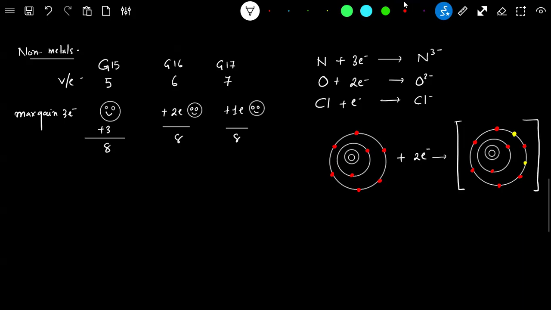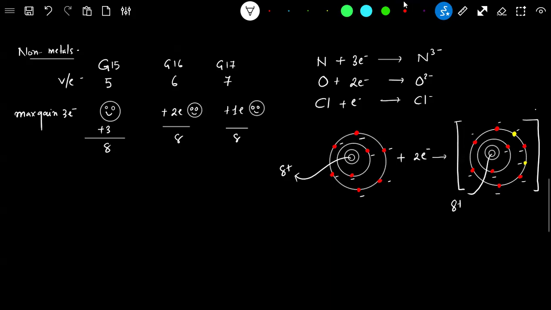Oxygen was earlier having, out here, oxygen had 8 positive charges, right? And we had 1, 2, 3, 4, 5, 6, 7, 8 negative charges. And now you look at here, I have got 8 positive charges. I've got 1, 2, 3, 4, 5, 6, 7, 8, 9, 10. So I've got 10 negative charges.